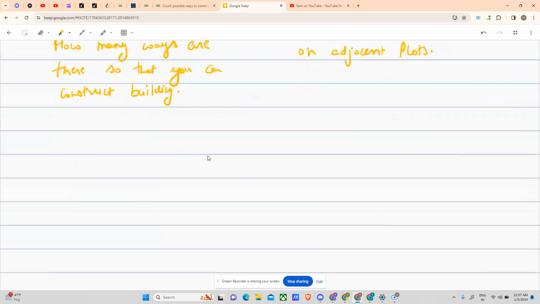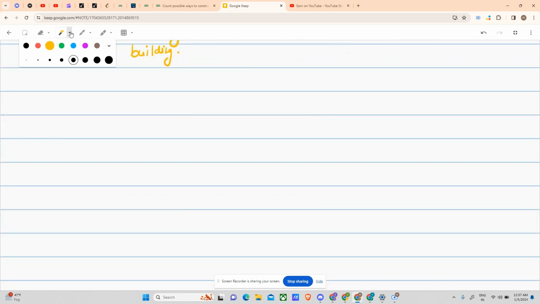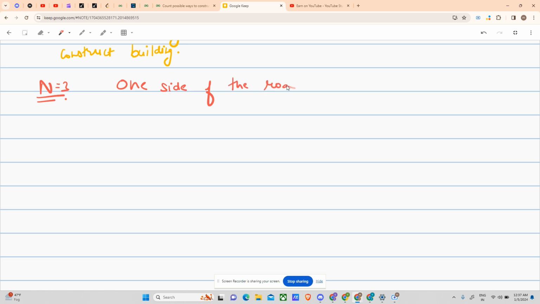Let us extend the example we have been studying up till now. So our n was 3. Let me consider one side of the road. We had 3 plots, right? Our first plot, our second plot, our third plot.